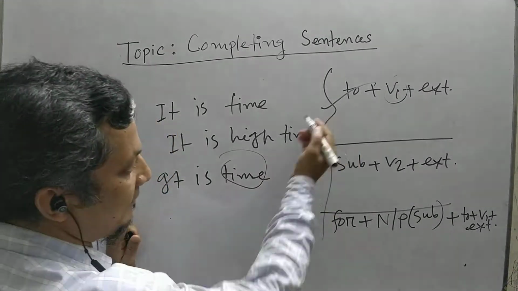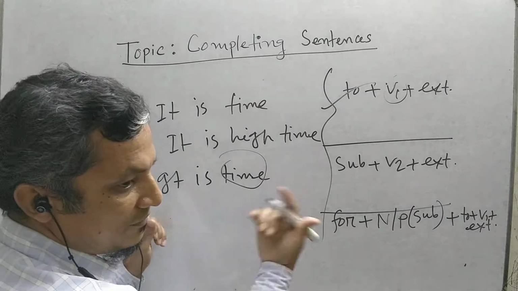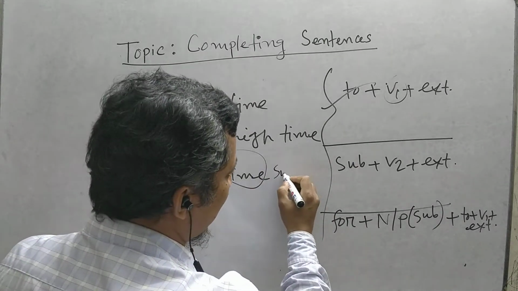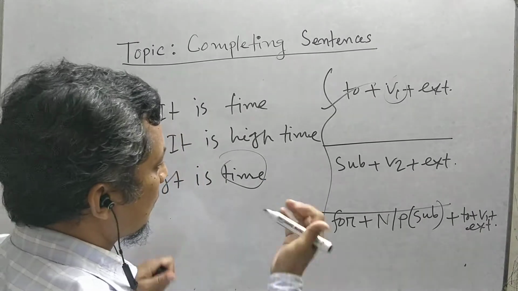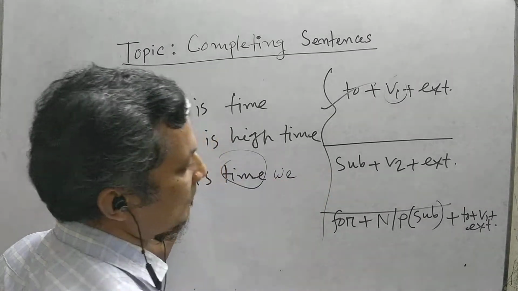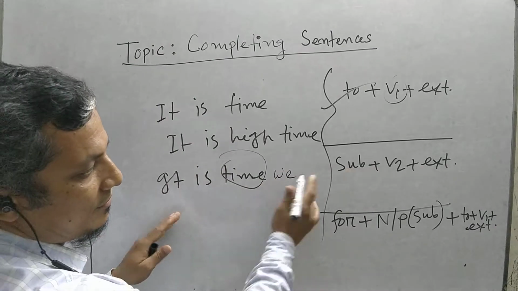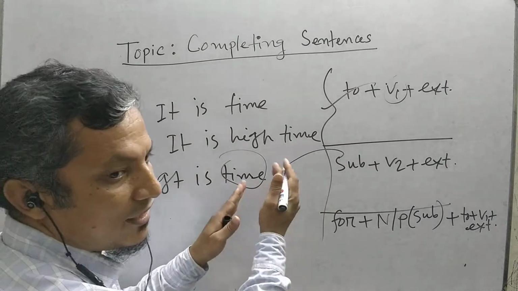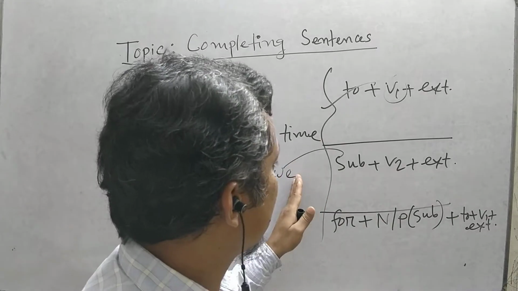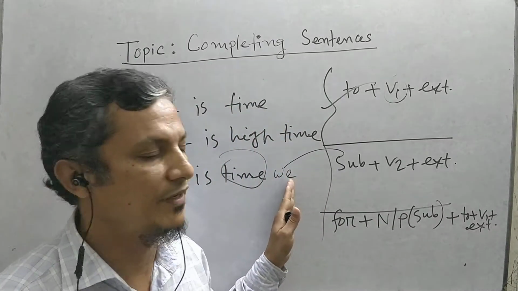After it is time, if you want to use a subject, like we, this is the subject. If you use a subject, then you have to write the sentence in past indefinite tense.